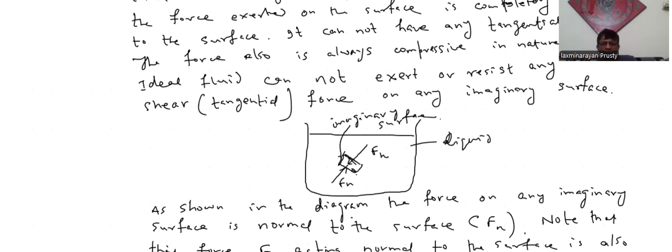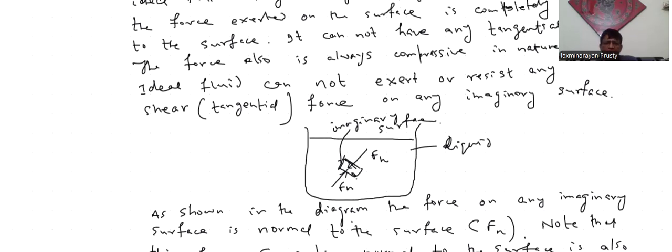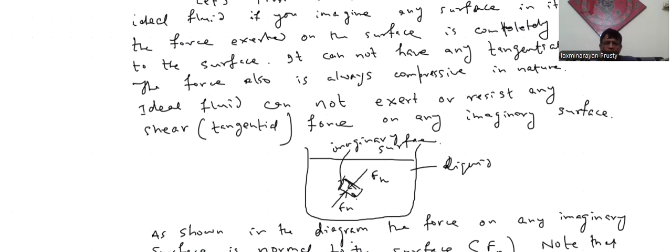No tangential component is acceptable in an ideal liquid. Even if not an ideal liquid, if it is at rest in a container, even then there won't be any tangential component on this surface. And this force, which is normal, we could write as Fn, and this is your area A.